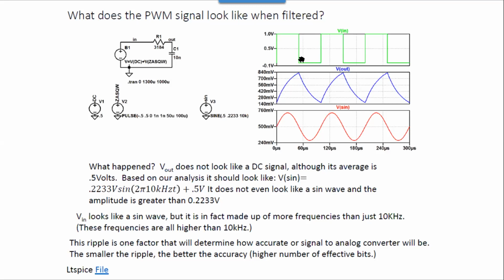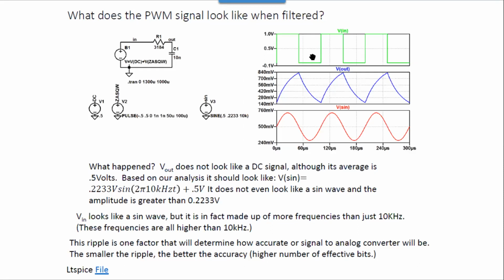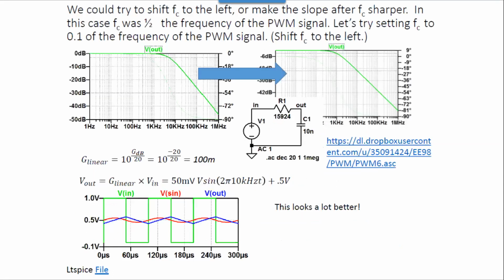That's because it's not filtering out all the AC components, and when you sum them up, it starts to look like that triangle wave. With the normal Bode plot, we're saying there is a sine wave here, a sine wave here, a sine wave here. But for a pulse, it's our spectrum: we have the fundamental frequency, and then the third harmonic, fifth harmonic, seventh, on towards infinity. So in fact, you don't get just the sine wave. You get something bigger.